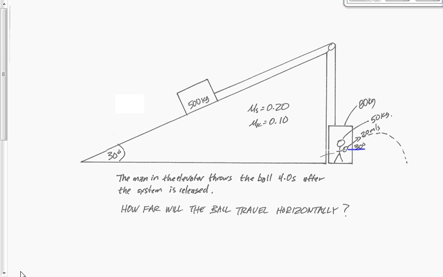Hey, I just kind of gave something away, didn't I? It moves for 4 seconds, so it's going to be kinetic friction. As it goes up for 4 seconds, the guy releases the ball at an angle of 30 degrees and 20 meters per second relative to the elevator. The ball goes out here somewhere. The question is, where's the ball going to go?